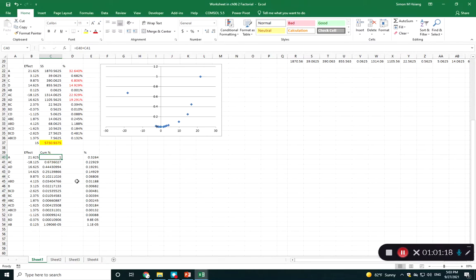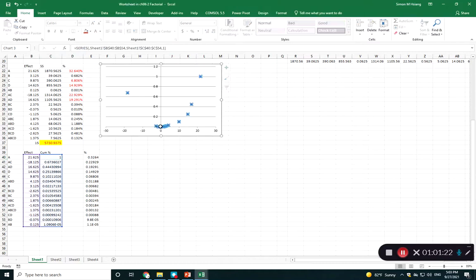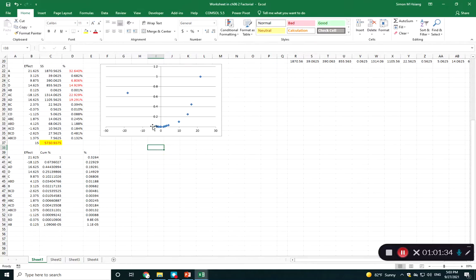And now, all I care about is drawing the smiley face chart. I call it a smiley face because it basically shows which effect is positive, which effect is negative. And then there will be a bunch of stuff bundled at the very bottom of that smiley face.